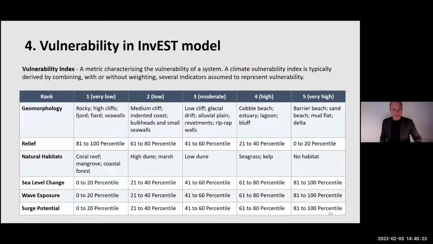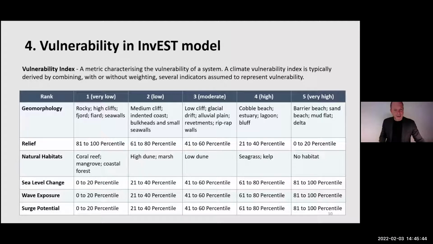Simone and I used specific data from the different case studies to construct this table. So this is just one example, but it cannot be considered universal.